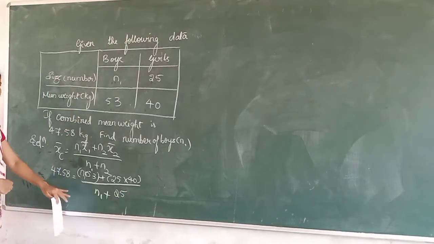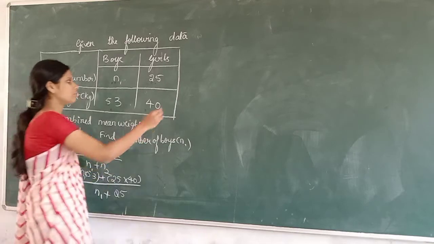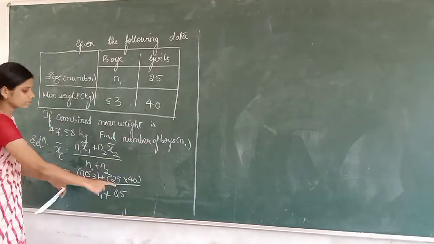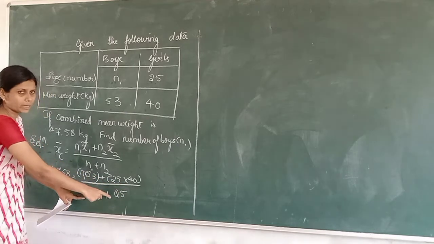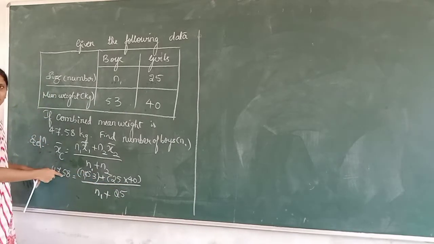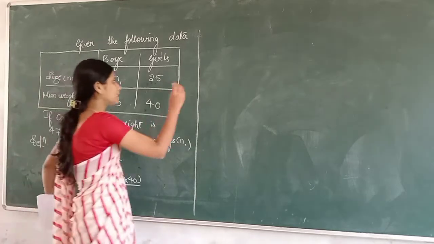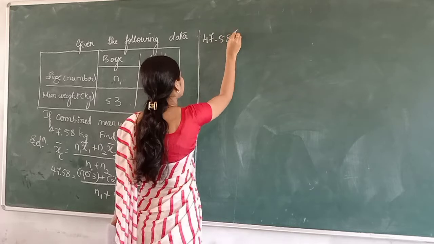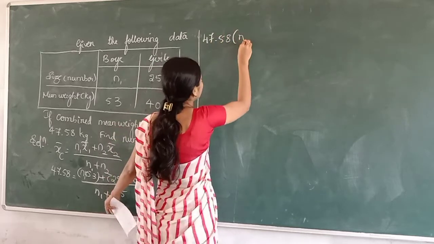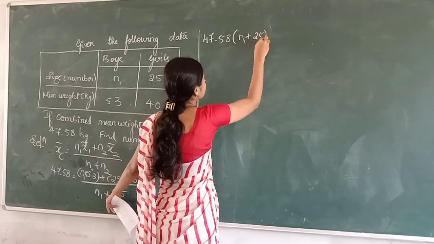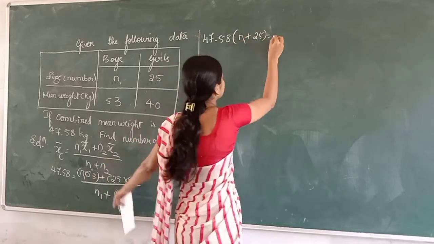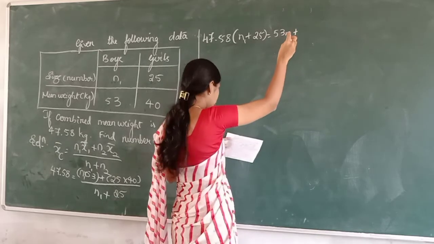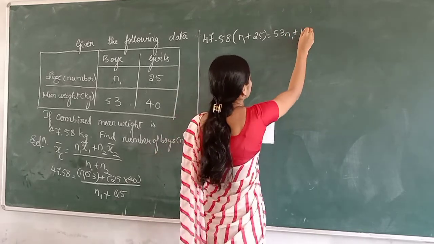Now we can simplify this formula. First, we take the denominator to the left hand side. So 47.58 into (n1 plus 25) is equal to 53 n1 plus 25 into 40, which is 1000.